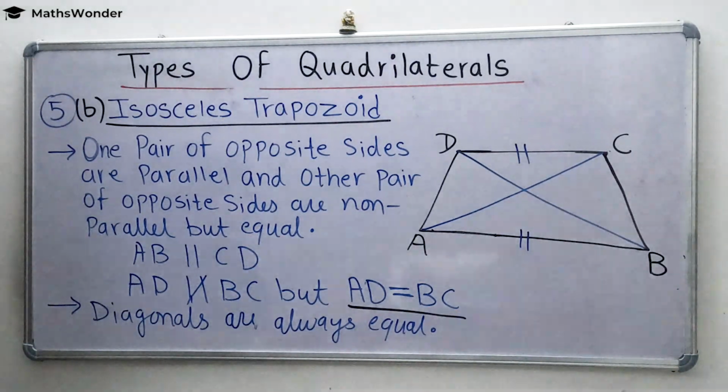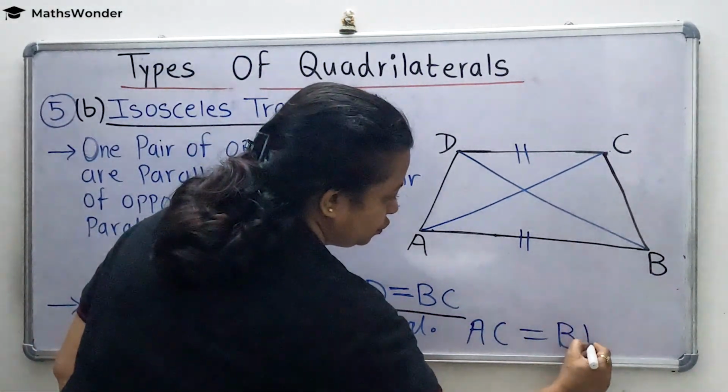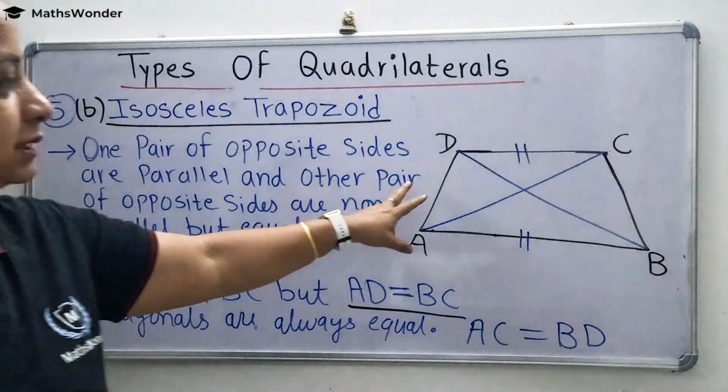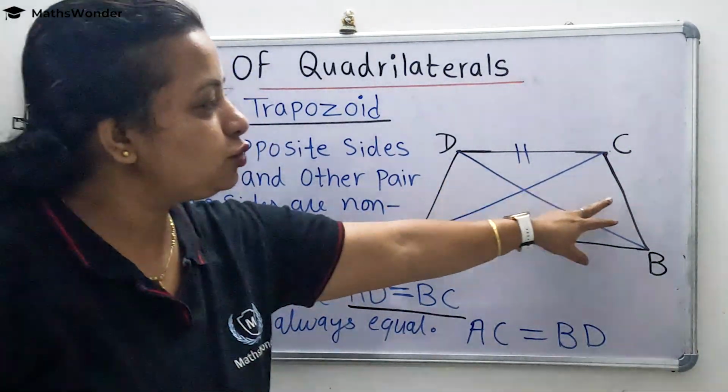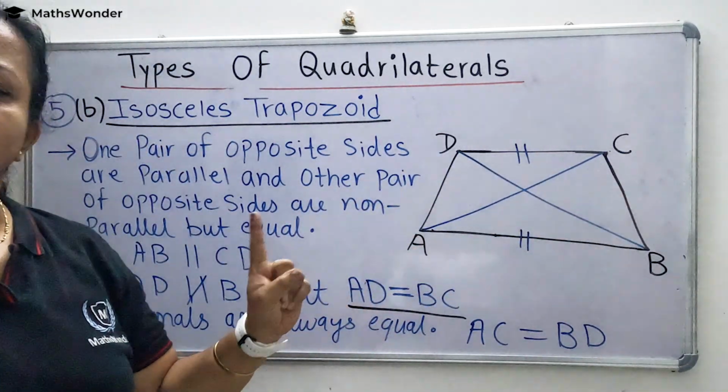Do I say but not equal or but is equal? That is the main difference. AC equals BD. In a normal trapezoid, these two opposite sides are non-equal and non-parallel.